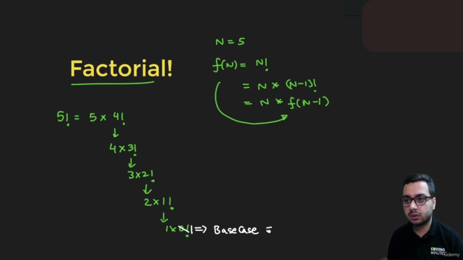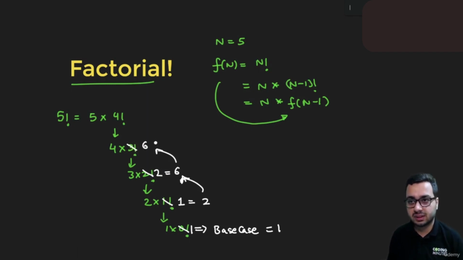We will return 1 into 1, that is 1, and this 1 will go back here. So this would become 2 into 1, that is 2, and this 2 will go back here. This is nothing but 3 into 2, that is equal to 6, and this 6 will go here. So 3 factorial will get replaced by 6. This would become 4 into 6, that is 24. This 24 will go here, and 5 into 24 would be 120.